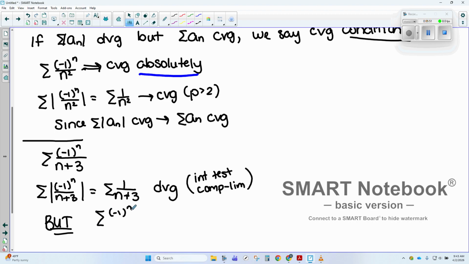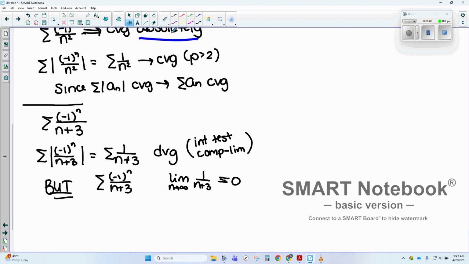But if we look at this series without the absolute values, by the alternating series test, 1 over n+3 does go to 0. Also, if I look at the n plus first term and compare it to the nth term, I don't need any in-depth proof.